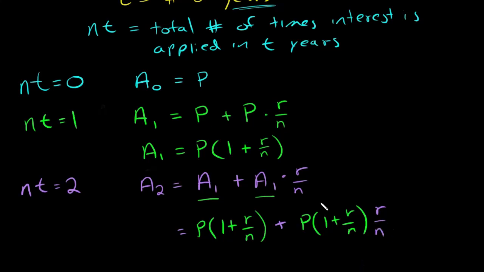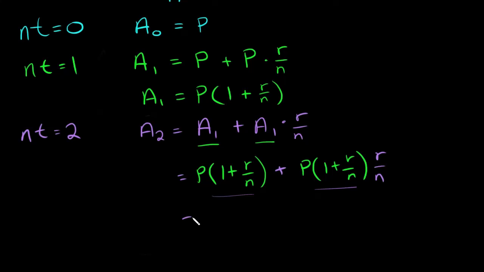So all I've done is plug in for A1. Now I notice that this is the same term, so I can pull it out. I'll have P times (1 plus R over N), and when I pull it out, I'm left with a 1 here and R over N here.